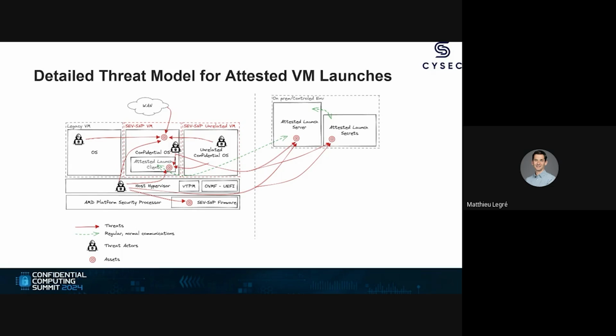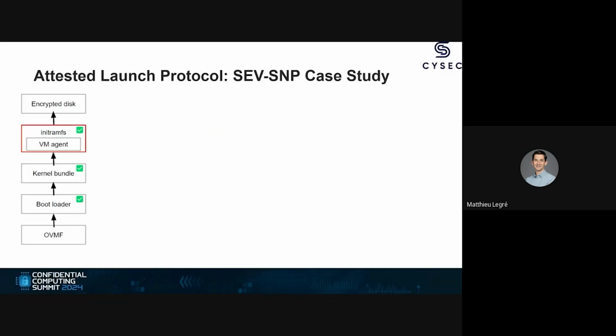Based on this, we build a protocol that looks like this. It's a high-level vision of the protocol. First, you need to imagine that we are at this step. The customer provides to the host a piece of software plus configurations.